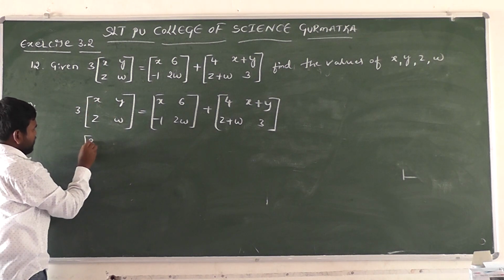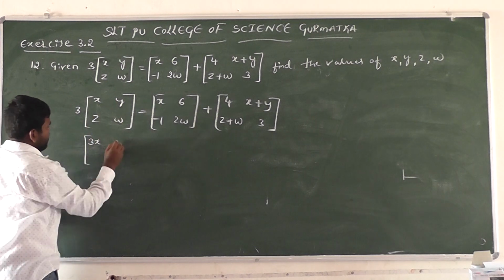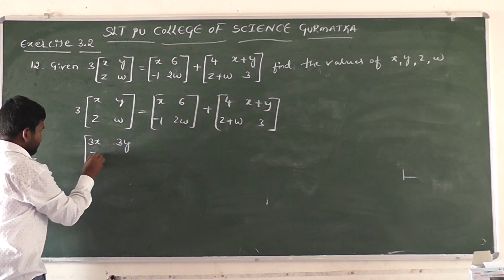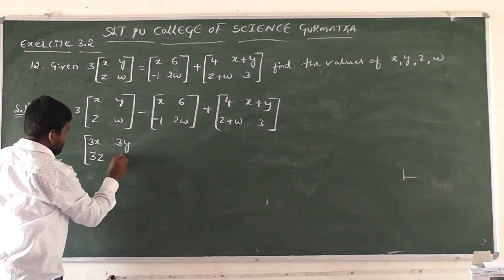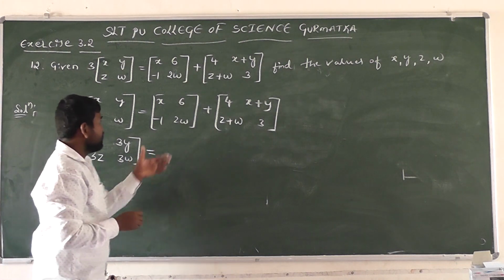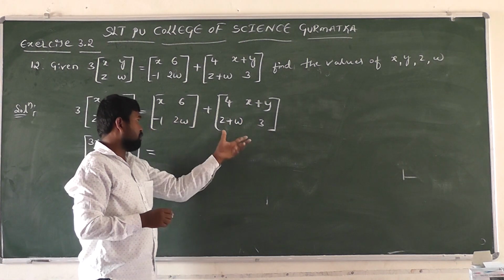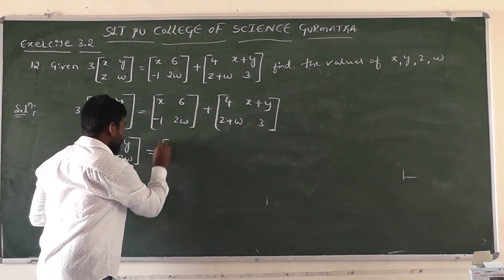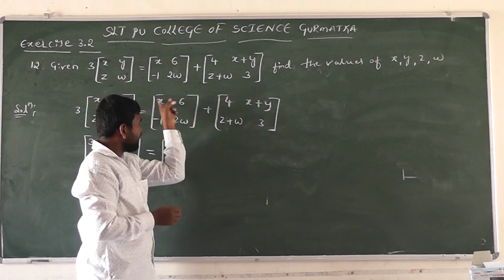3 into x is 3x, 3y, 3z, 3w. It is equal to, right? Then these two matrices' order must be the same. In between, what is the second operation, the sum of the two matrices? How to add two matrices here? We have to add the corresponding elements.